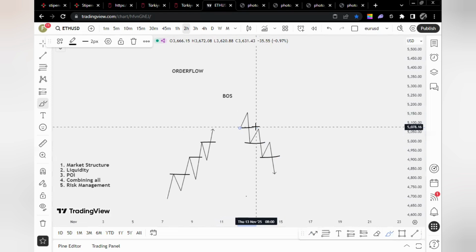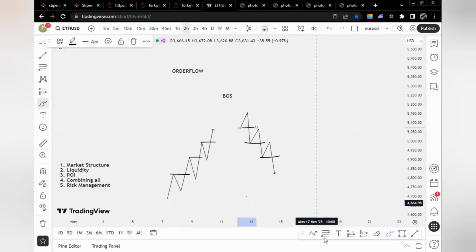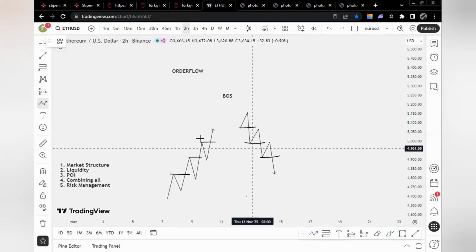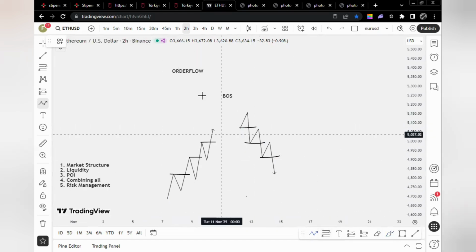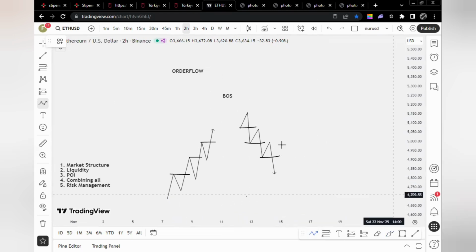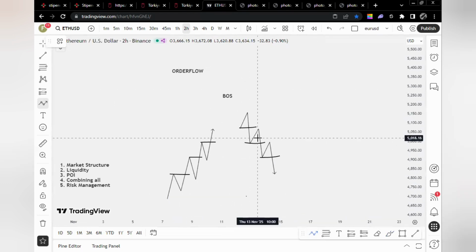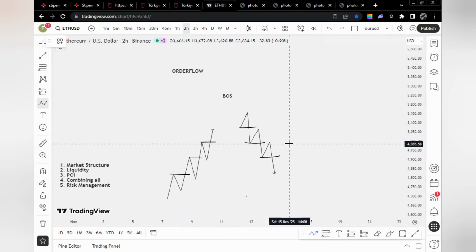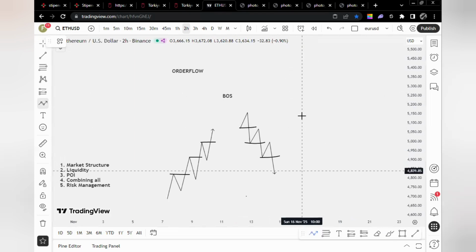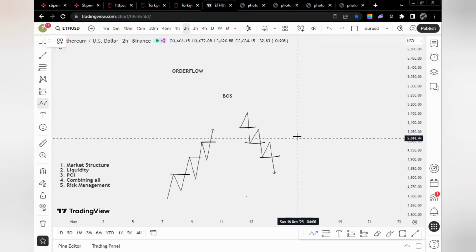Now, we now have a change of character. It is a form of break of structure, but happens when a bullish market wants to change to a bearish, or a bearish wants to change to a bullish. It signals a change, as the name implies. We call it CHOCH, but it stands for change of character.